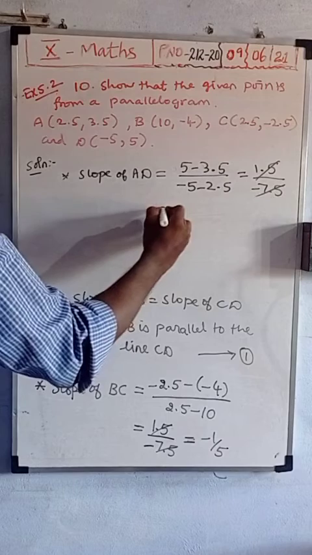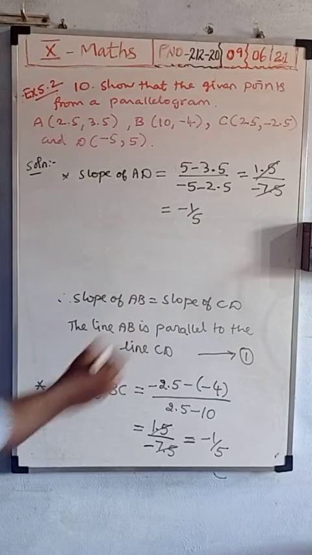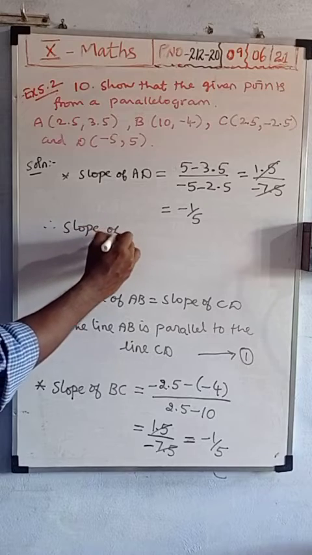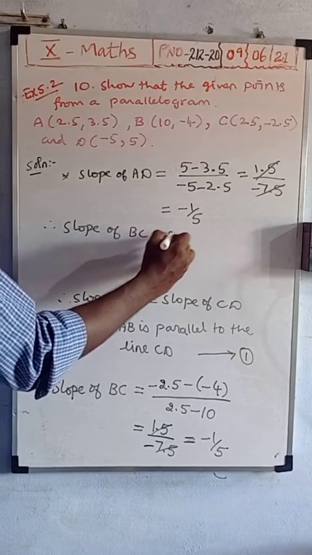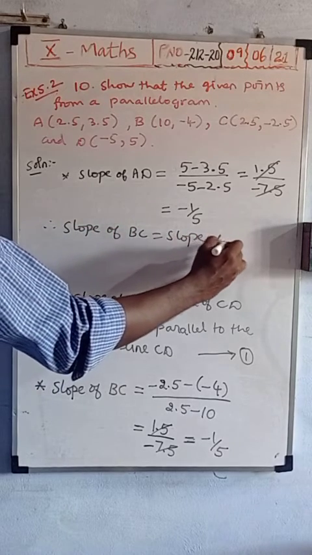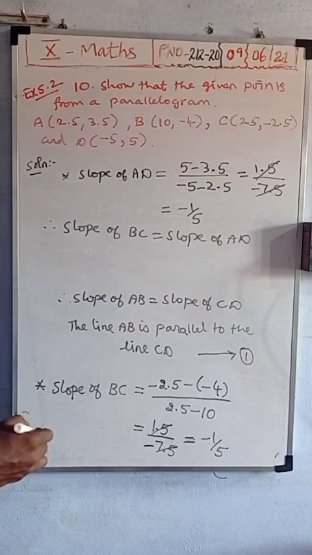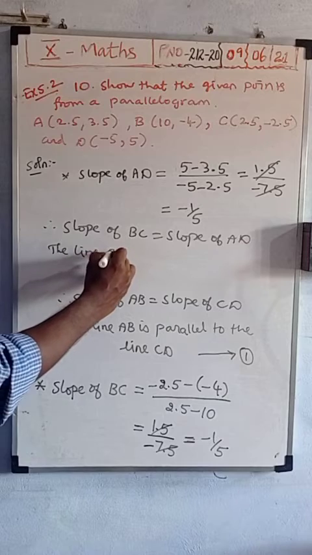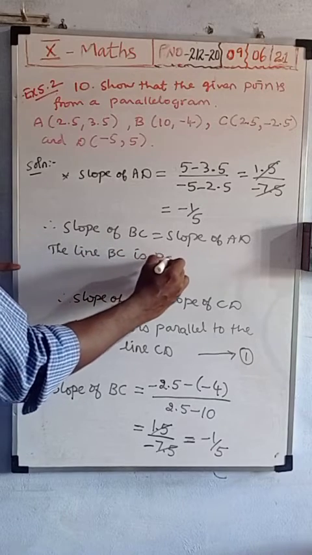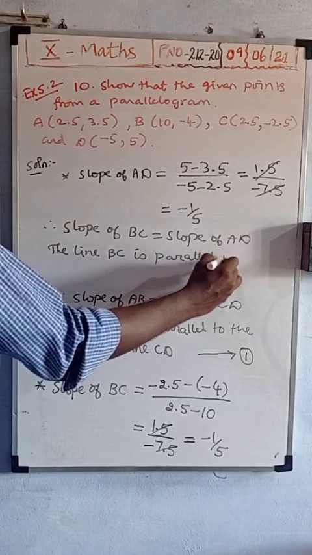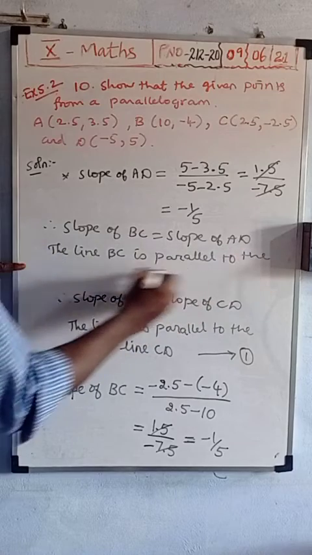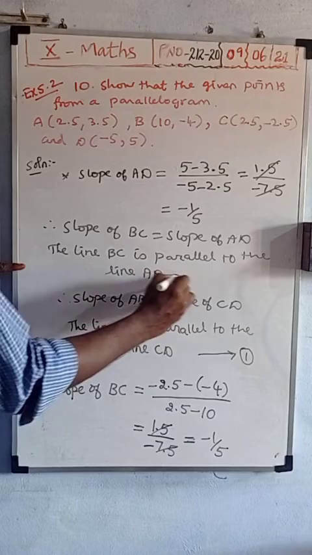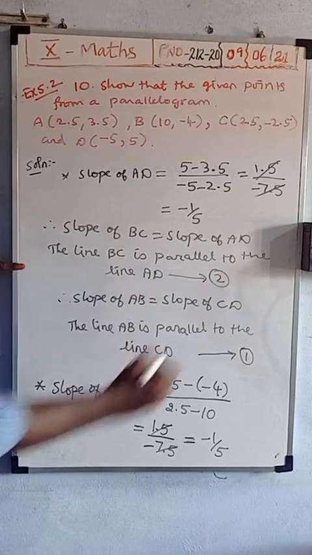Cancelling, we get minus 1 by 5. Therefore the slope of BC is equal to the slope of AD. These two slopes are equal, so the line BC is parallel to the line AD. Consider this as equation 2.